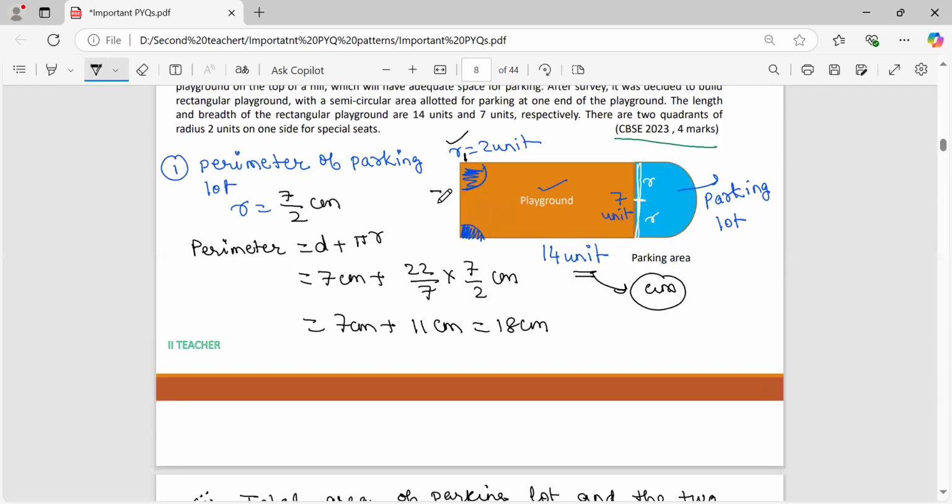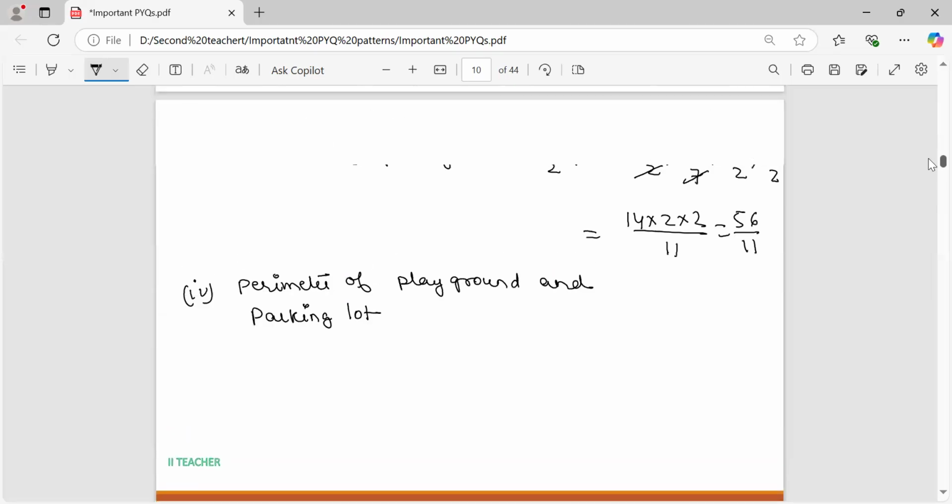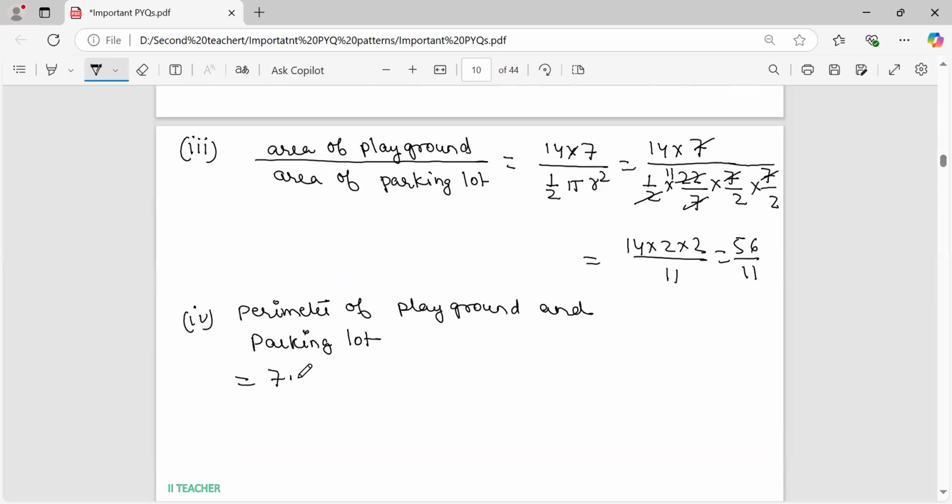I get 7 unit here, and I get 14 unit here, and I get half of that semicircle of the blue color. So perimeter will become 7 unit plus 14 unit plus 14 unit plus pi into r. That is the pi r. Okay, so pi r, you can put the value of 22 by 7 into 7 by 2.